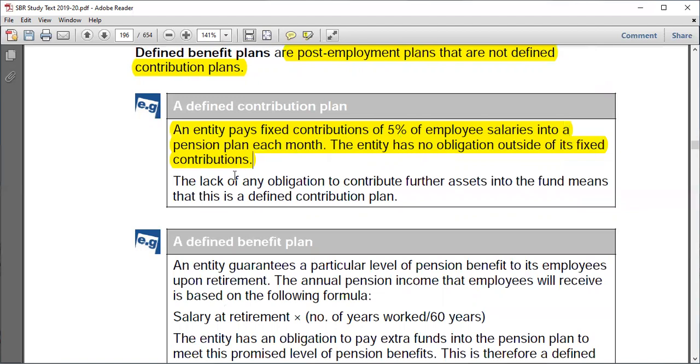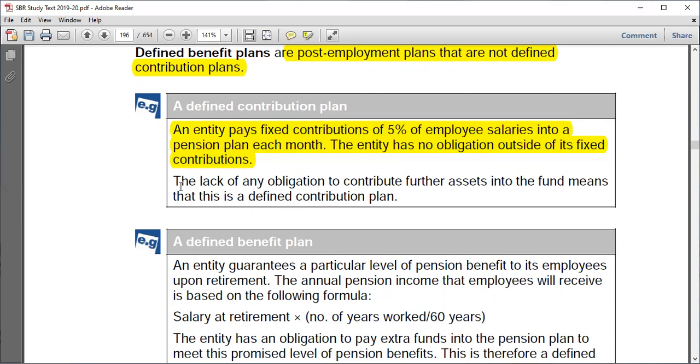After that, even when the employees cannot be compensated by the pension fund, they cannot go back to the entity and say, I haven't been paid my pension because they said there are no sufficient assets, so you have to compensate me. No, the entity is totally free of that obligation once it pays out that percent, right?